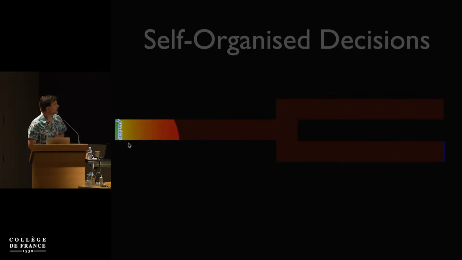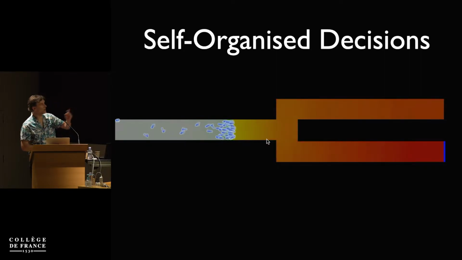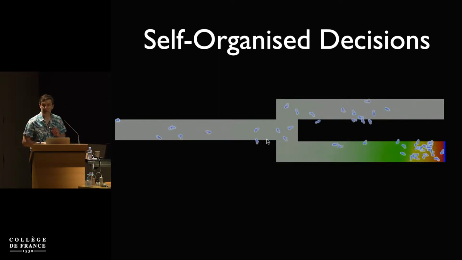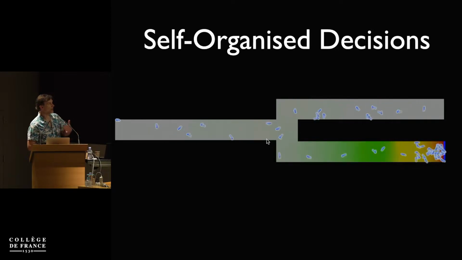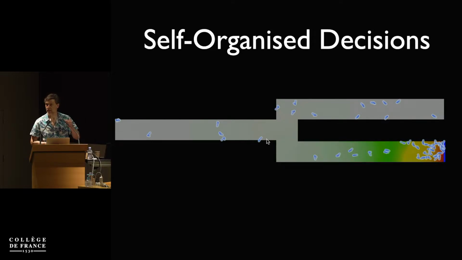They're making their own gradient, so you'll see them in the model making the gradient as they go. And you'll see what happens is a little bit complex. And it's a little bit complex because the blue line is a connection to the outside world. So the blue line keeps supplying chemoattractant, so the cells that choose the bottom line can keep chemotaxing. But the cells that choose the top line run out of attractant, and so they can't chemotax anymore.